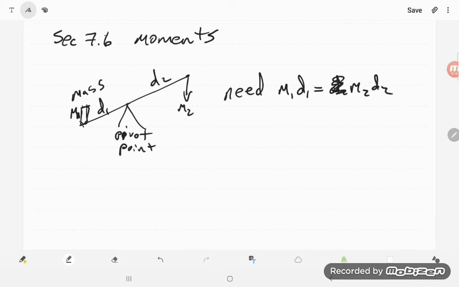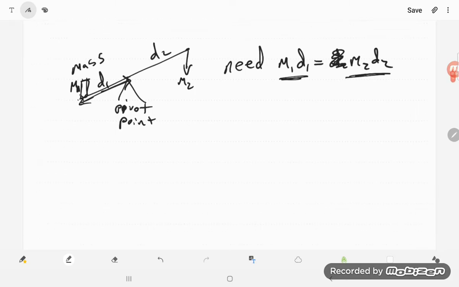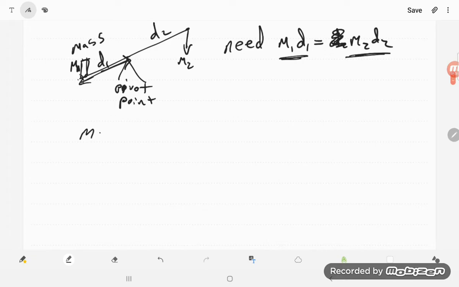So that kind of sets up this idea that maybe a mass times its distance from some point is kind of important. And so that's what we call a moment.